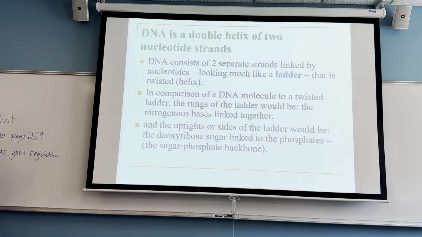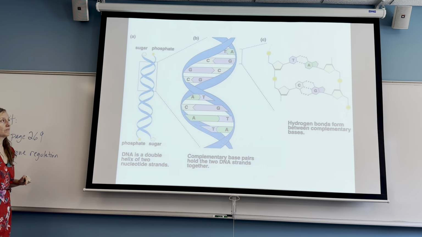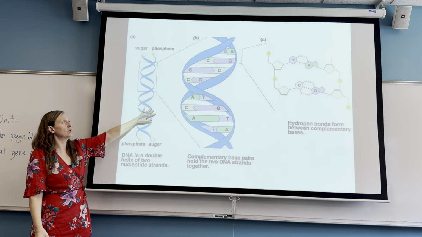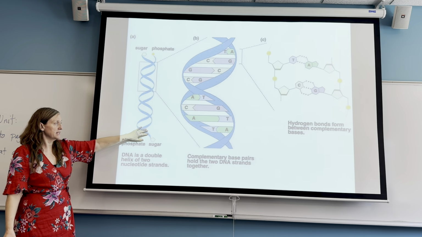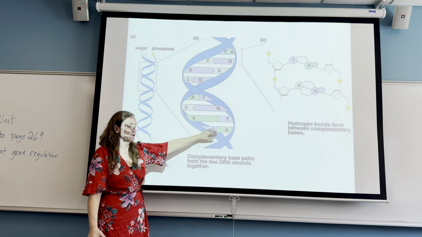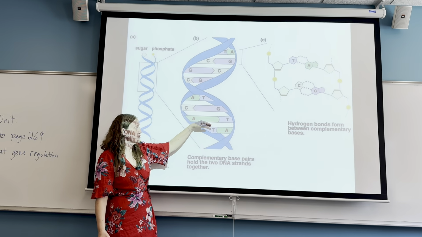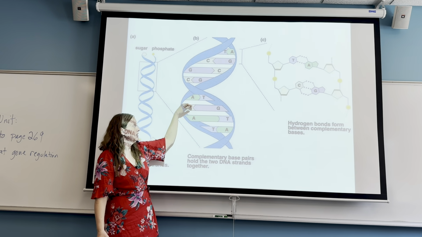The sides that support the ladder, that's the phosphate sugar backbone. So here, when we take a look at our DNA helix, and we don't have much detail, the rungs of the ladder are the base pairs.